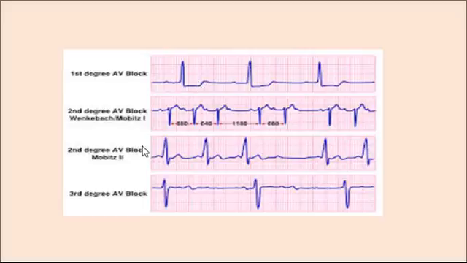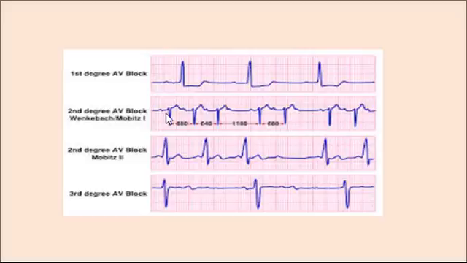Then I have two kinds of second degree. So this is my first level of a block. Then my second level of block, the second degree AV block, Wenckebach or Mobitz 1 or type 1. Most people usually refer to it as Wenckebach. Wenckebach is where your PR gets longer, longer, longer, doesn't beat. Longer, longer, longer. So you'll measure out your PR. This is not the best of strips, but it's what I have to use. So here your PR is greater than 0.20.